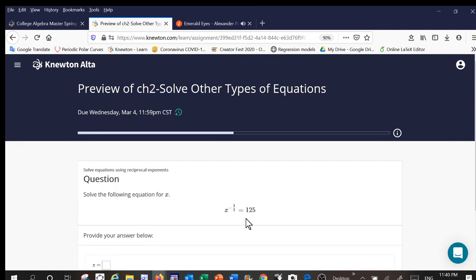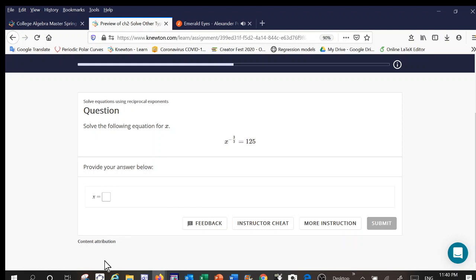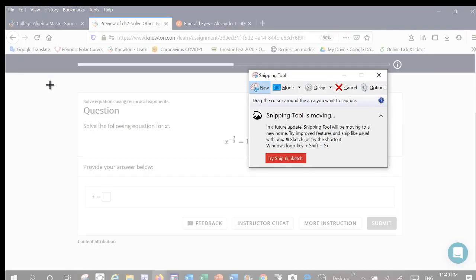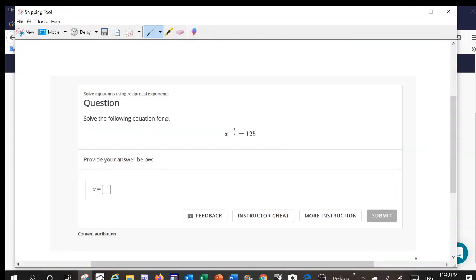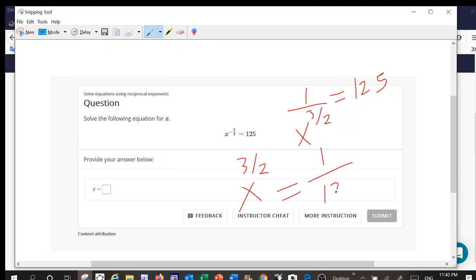It's a similar problem here. You make it positive first, and then you can make it 1 over x to 3/2 equals to 125, or you can take the reciprocal, so x to 3/2 equals to 1 over 125, and now you raise to second power.